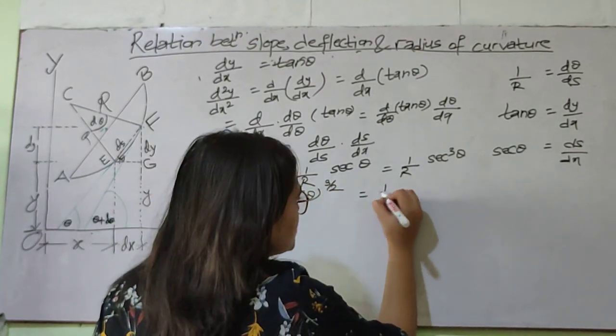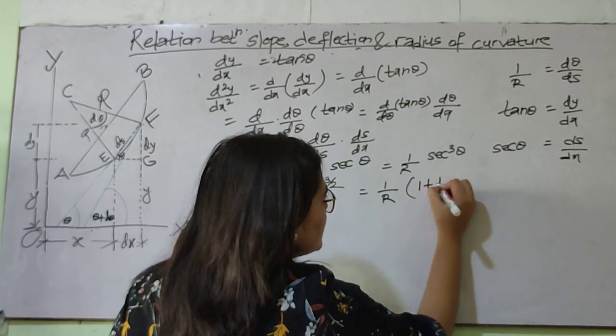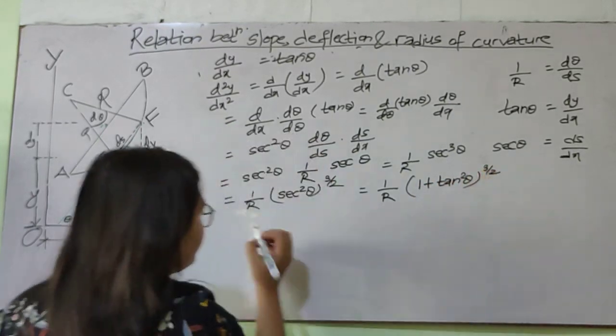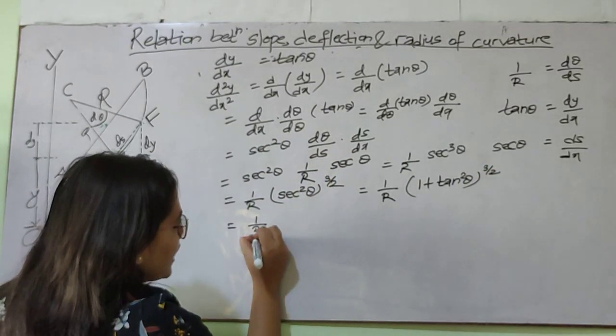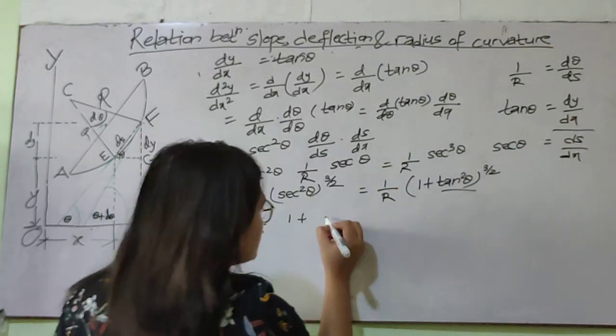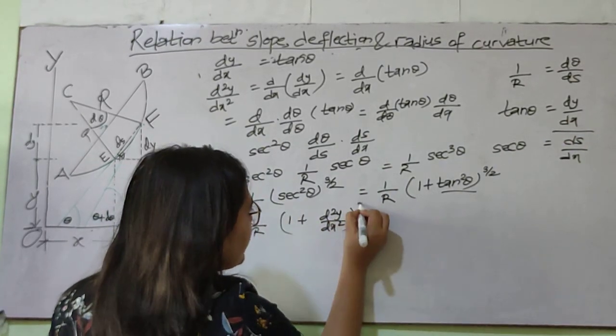So this will be equal to 1 by r, and sec square theta is nothing but 1 plus tan square theta, to the power 3 by 2. Now it will be 1 by r, and tan theta is nothing but dy by dx, so 1 plus d square y by dx square power 3 by 2.